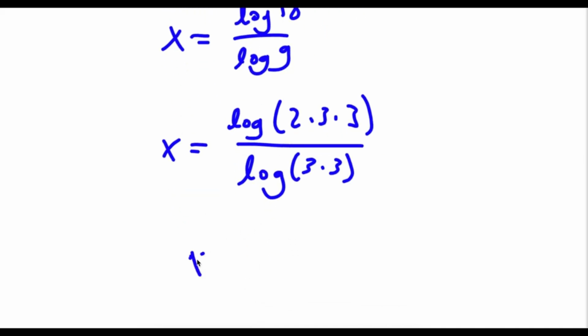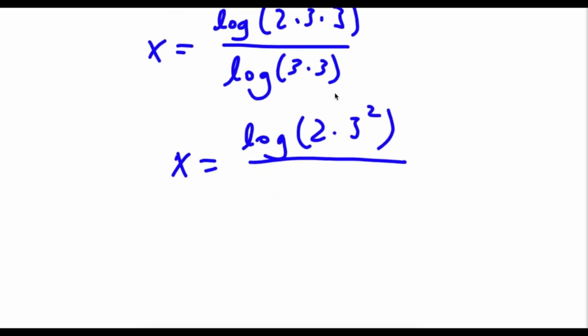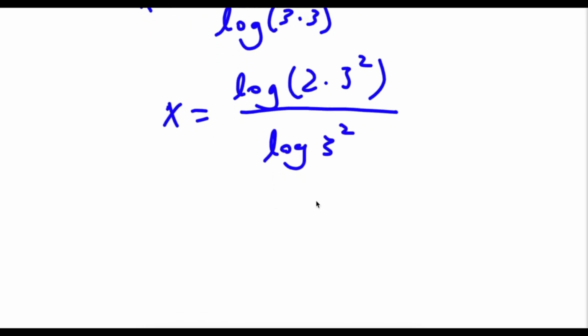Now I have x is equal to log of 2 times 3 times 3, and 3 times 3 is the same thing as 3 squared, so I have 2 times 3 squared.